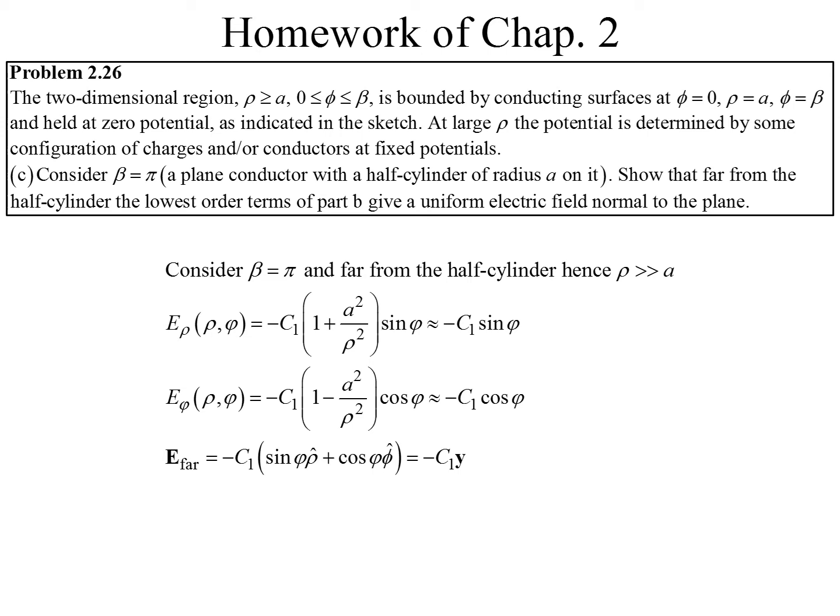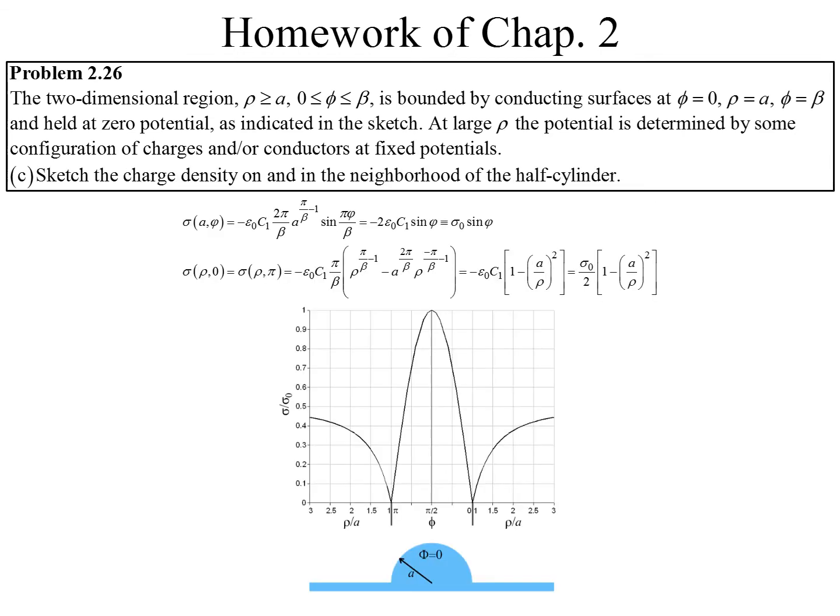So E rho approaches minus C1 sine phi, and E phi approaches minus C1 cosine phi, and the total E far away, E far, equals minus C1 in the y direction. Then sketch the charge density on and in the neighborhood of the half cylinder. So we just calculate the charge density.